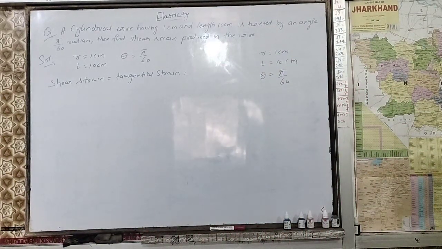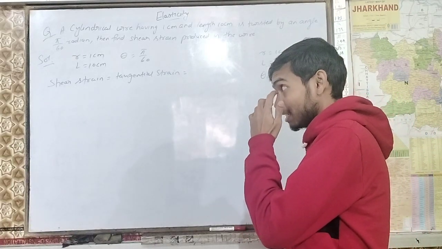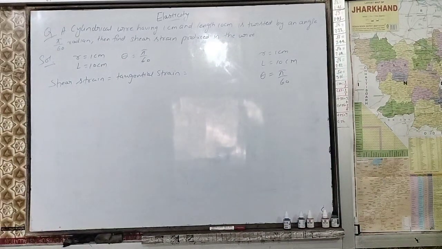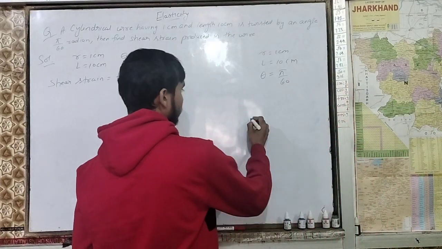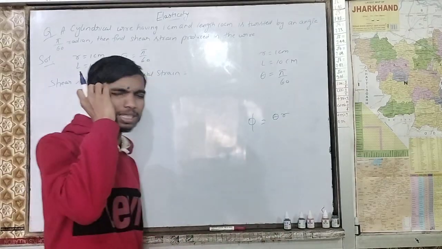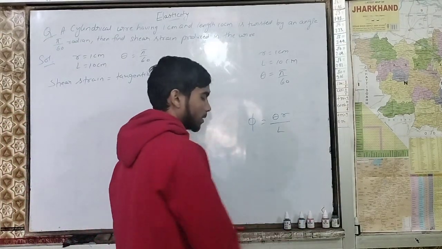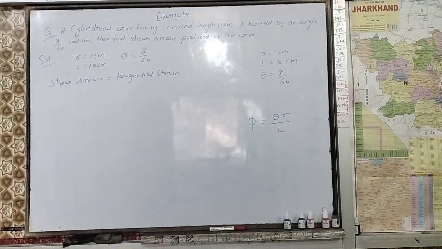This is what a twist is. That's why it becomes compulsory to use the formula we were discussing before this question: phi is equal to r theta upon L, where r theta provides the arc and L is the length of the cylindrical wire.